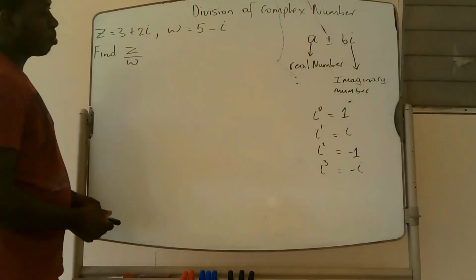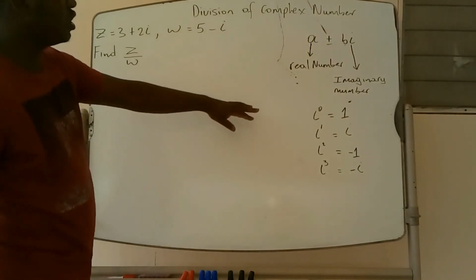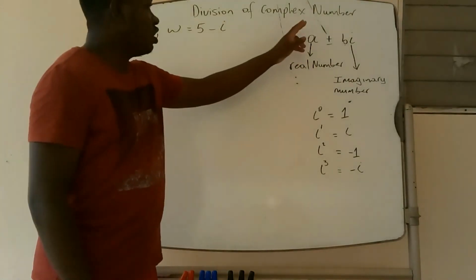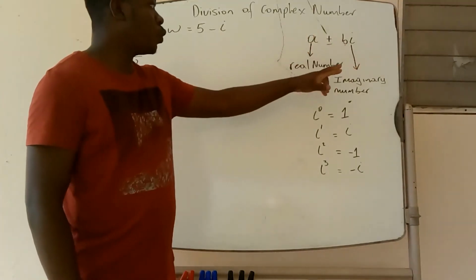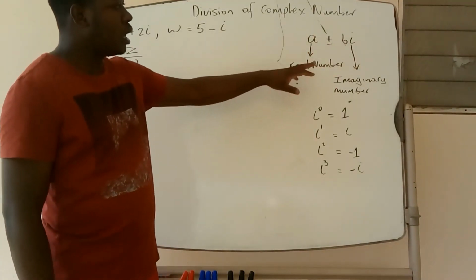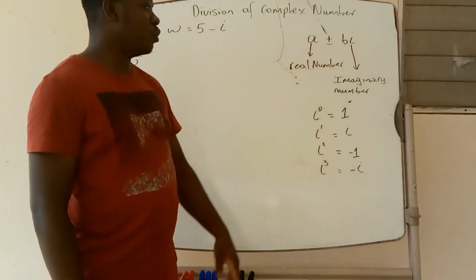Right? Now there's just a few things that you need to remember. The general form of a complex number is a plus or minus bi, where a is the real number and bi is an imaginary number.